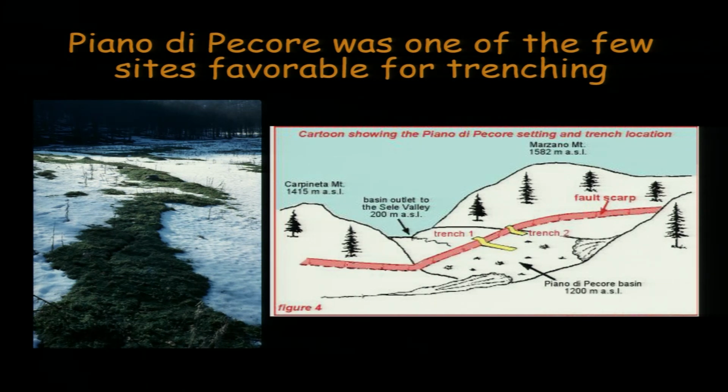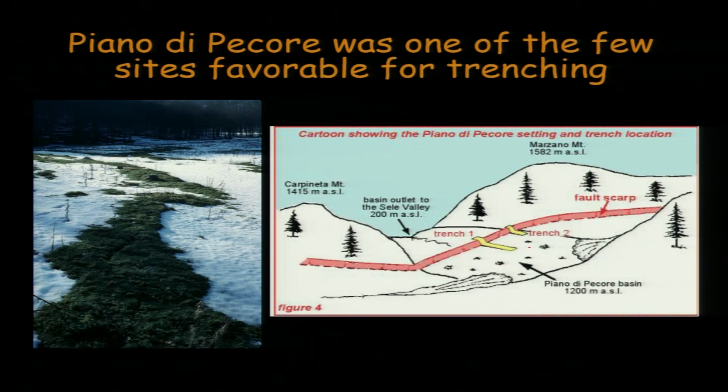So, what they did was the scarp was identified, and this was the best area they picked, based on geomorphic studies, that could provide them the signatures of a paleo earthquake if this fault had moved in the past. So, these were the two trenches which were dug, and I will just talk about what they found in this region. The river which flowed through this region got blocked along the fault.